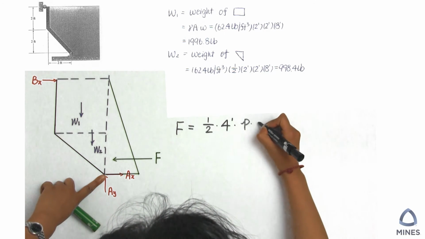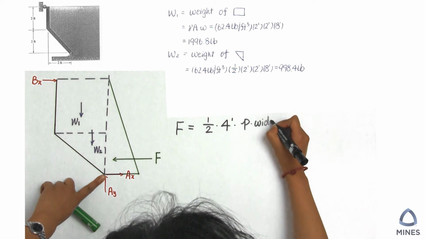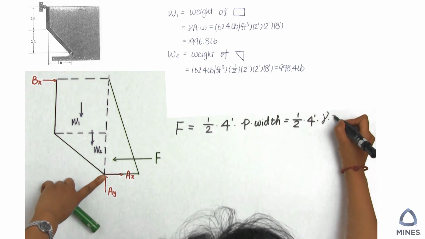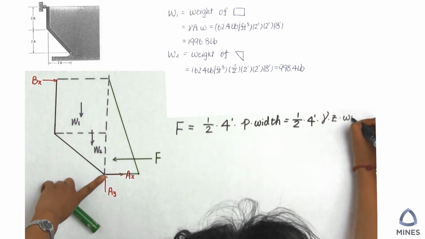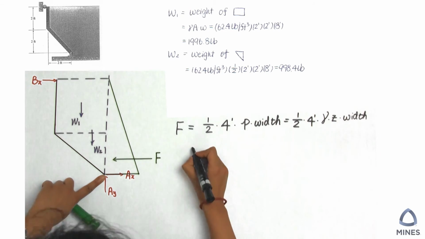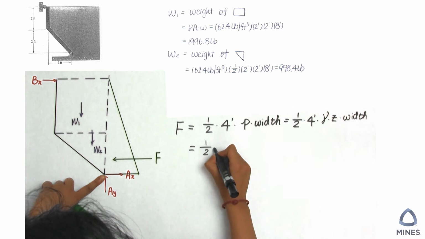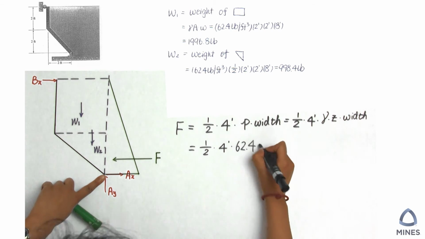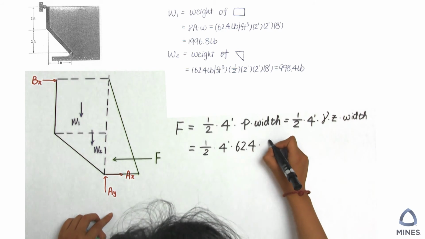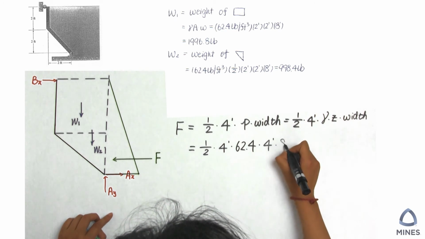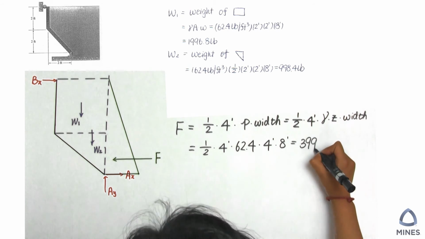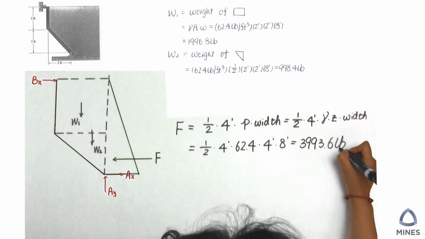And that equals the pressure multiplied by the width. The pressure is equal to gamma multiplied by the depth of the water. Here I want to remind every student to check the units to see if you are missing any dimension, or try to group them. That will help you notice if you are missing a dimension or if you are doing okay.